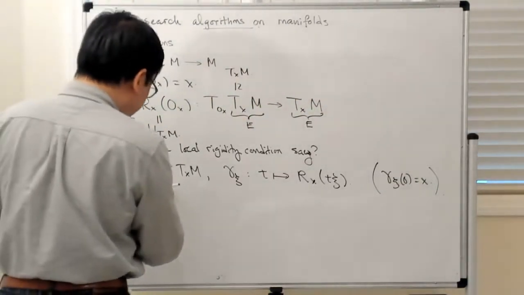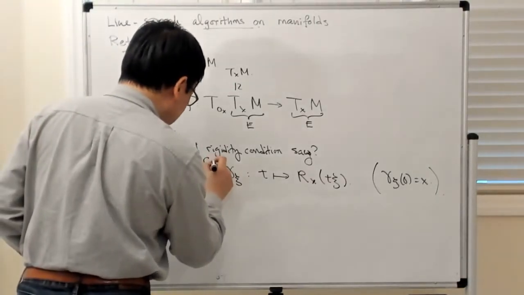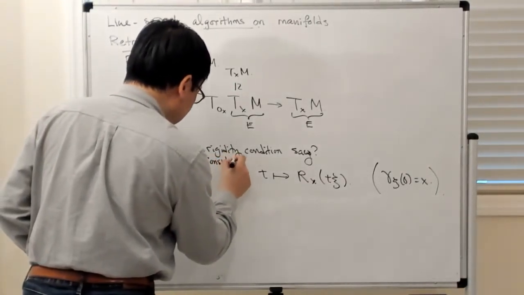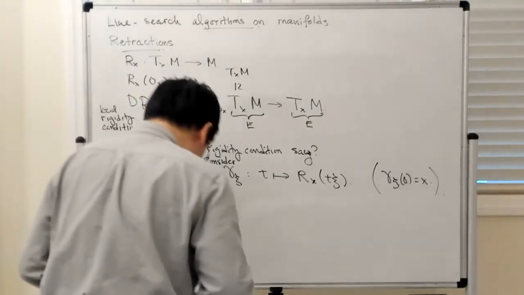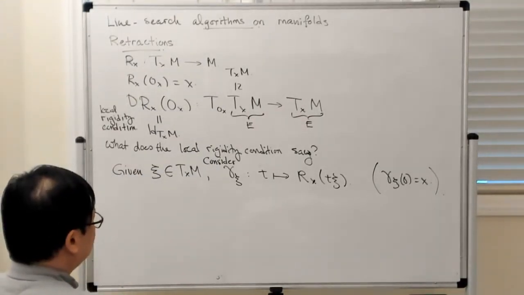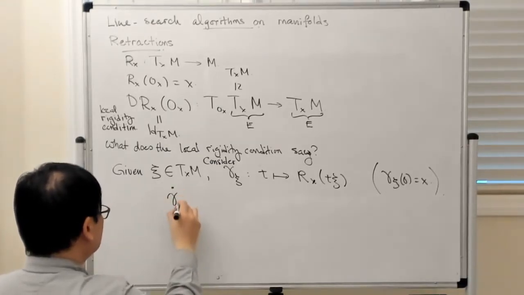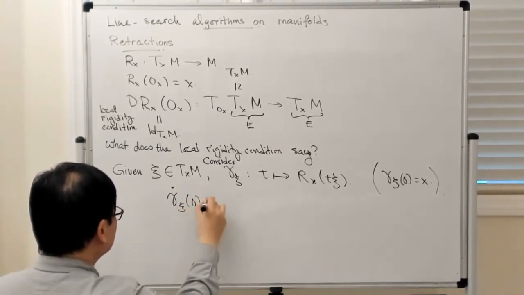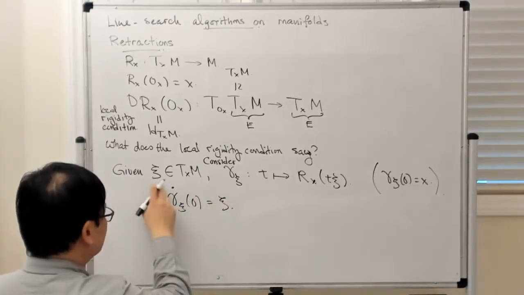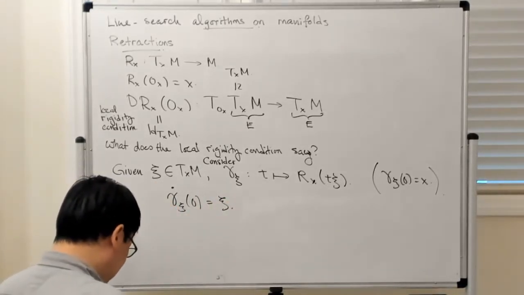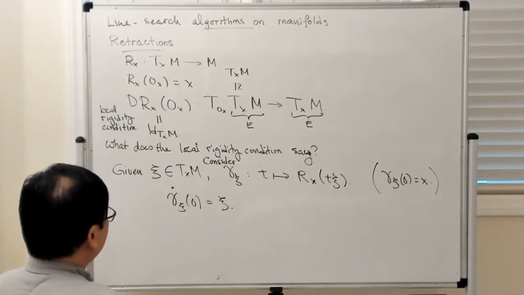So given a tangent vector, you consider this curve. And what you would want to have is that when you differentiate this curve and evaluate it at 0, it actually is the tangent vector which you started off with.